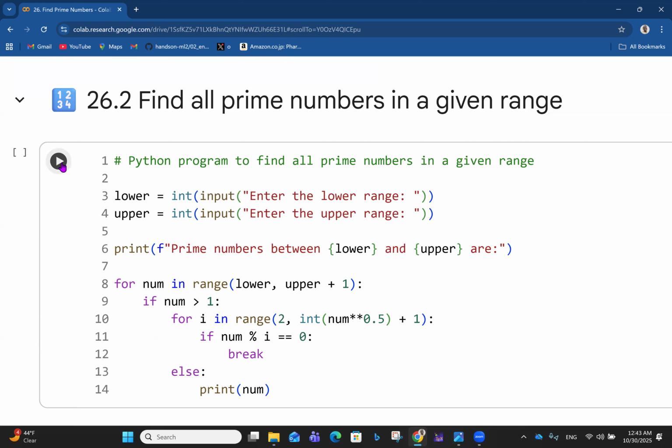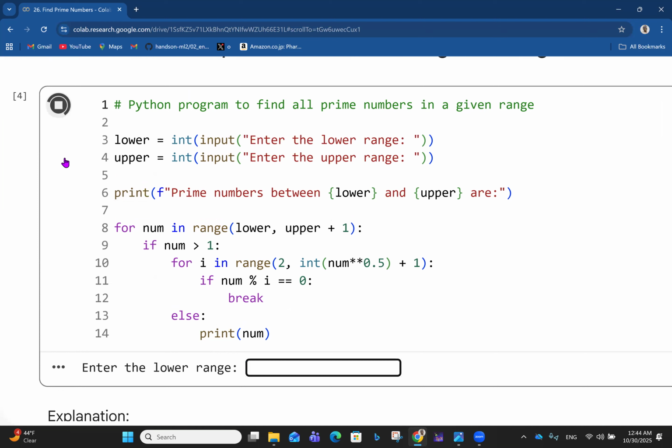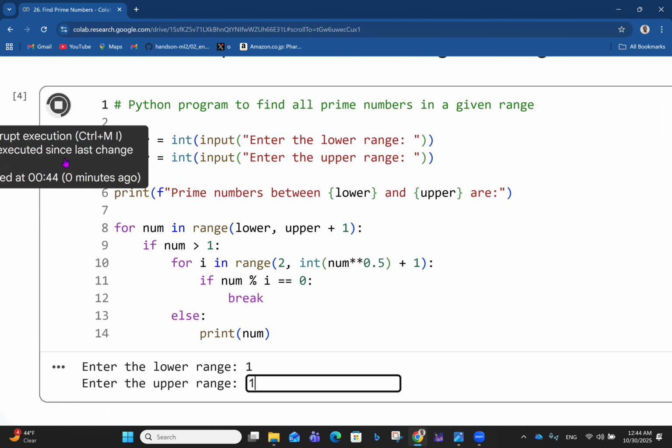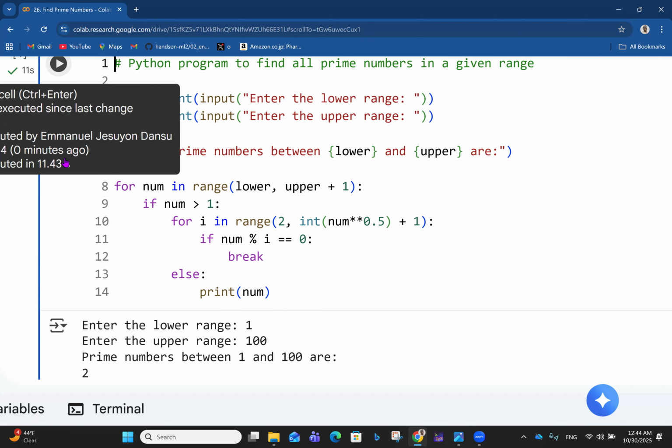So this is now an iterative process. You keep trying the numbers until you get what you need. So let's do this now. For the lower range, let me say I want to find all the prime numbers between 1 and 100.